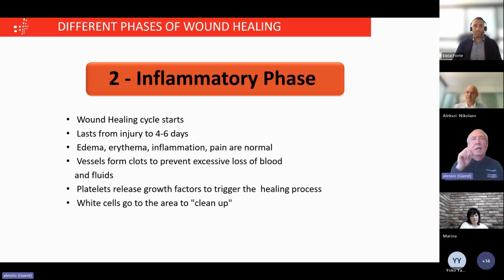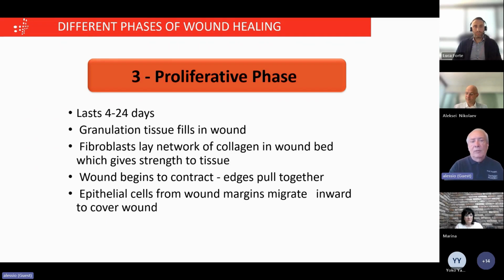Also in this phase, the signals sent to the skin are quite important, from platelets that release growth factors, but also white cells, and also all the topical agents that we can apply on the skin around the wound and also on the wound. Then the proliferative phase that lasts 4 to 24 days, around 1 month.